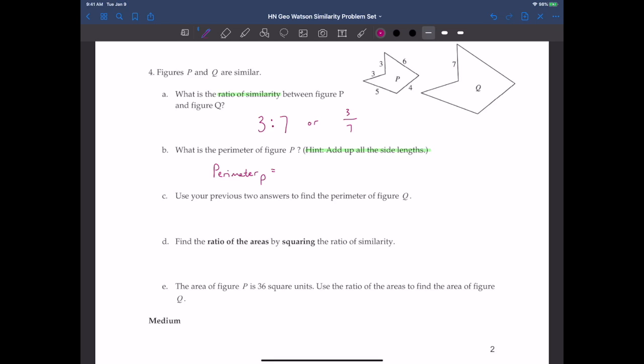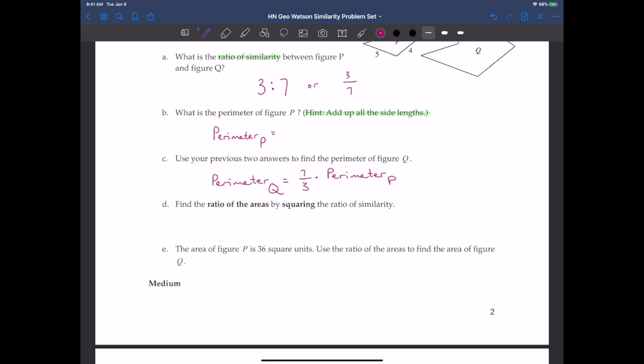So that means that the perimeter of figure Q is equal to 7/3 multiplied by the perimeter of figure P. Another way of saying this is the perimeter of figure P is equal to 3/7 multiplied by the perimeter of figure Q. We know we're going to have to multiply the perimeter of figure P by a number bigger than 1 to get the perimeter of figure Q. Perimeter scales the same way that the side lengths scale.